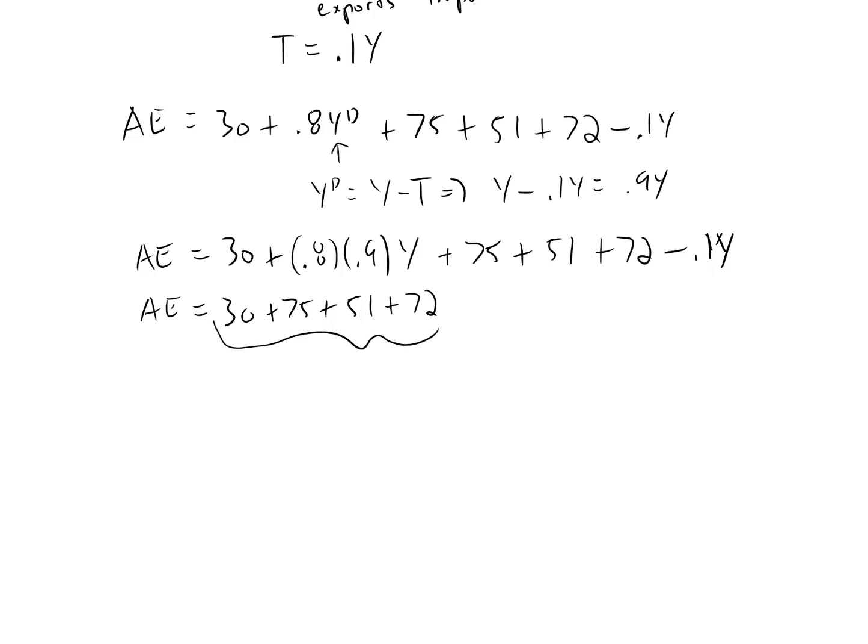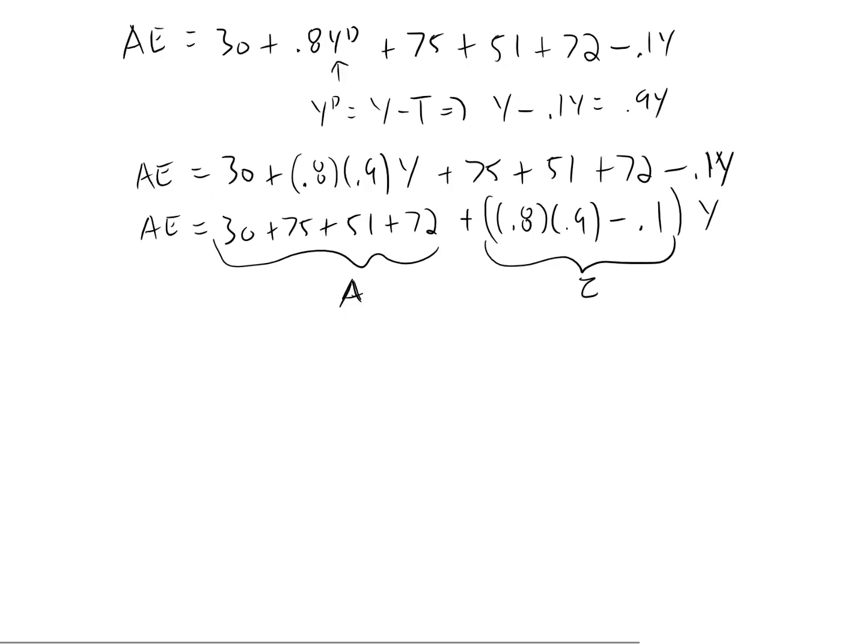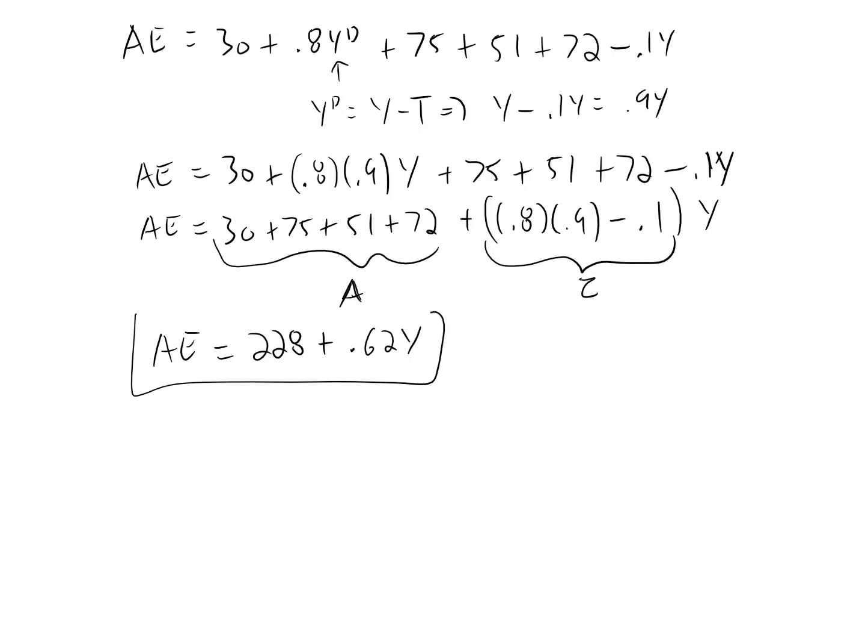That's the autonomous part that we've been calling A, or capital A. And then we have this induced part, which is 0.8 times 0.9 minus 0.1, put that in big brackets, times Y. And so this part is the Z. And so AE equals 30 plus 75 plus 51 plus 72, which is 228, plus 0.8 times 0.9 is 0.72, minus 0.1 is 0.62, so times 0.62 times Y. So this is what our AE function looks like here.